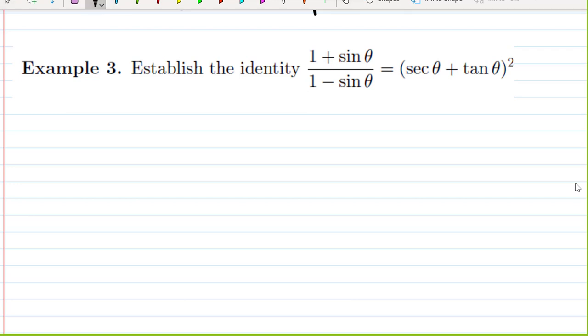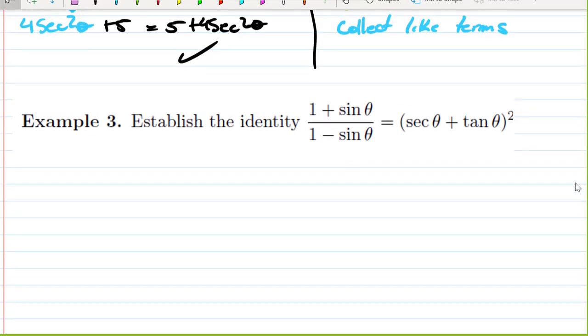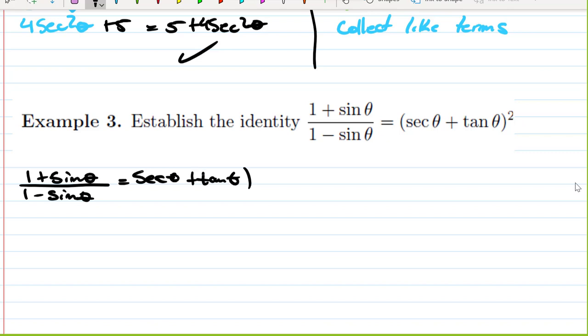So we start with our equation, 1 plus sine theta over 1 minus sine theta is equal to (secant theta plus tangent theta) squared. And let's go ahead and distribute out the right-hand side.